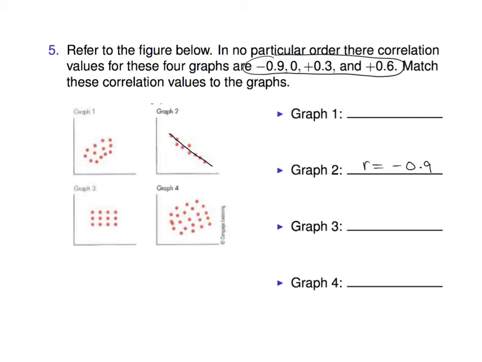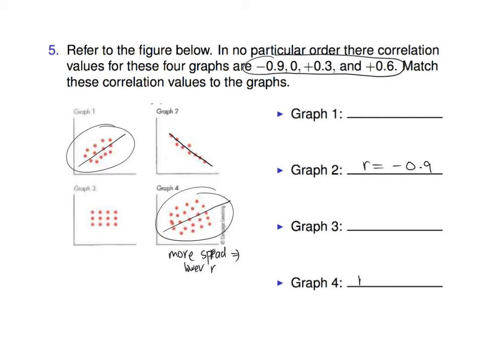Okay, now the next 3, well, 2 of them have positive associations, and that's this guy and this guy. You can see that the numbers tend to go up. But graph 4 has more spread. And more spread implies lower r, as in closer to 0 in this case.